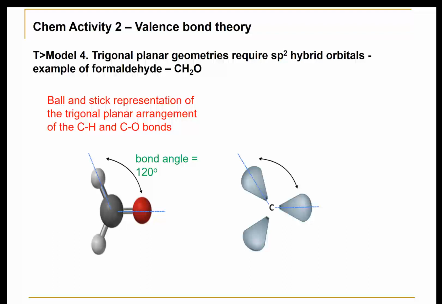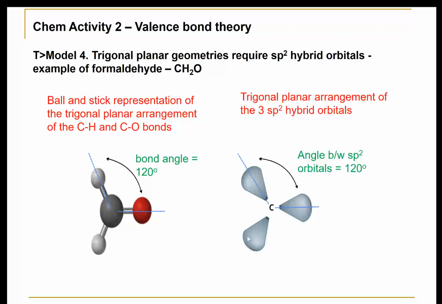We will anticipate that instead of being therefore sp3 hybridized, the carbon in this case is what we call sp2 hybridized. And there will be 3 sp2 hybrid orbitals involved in making these 3 sigma bonds. And so this representation is shown on the right-hand side here.